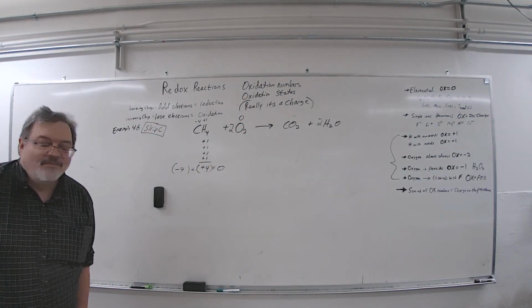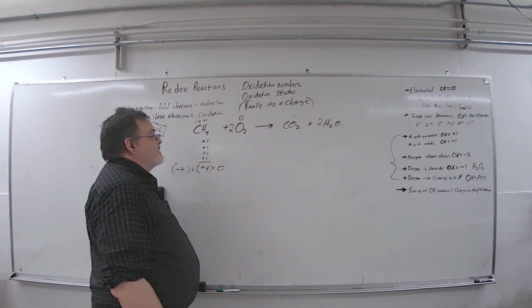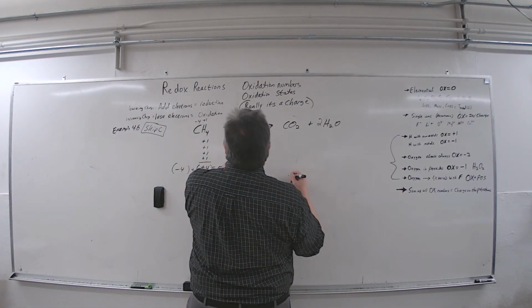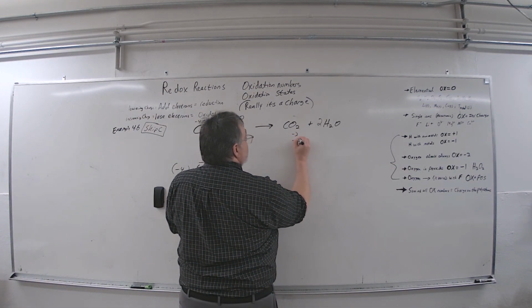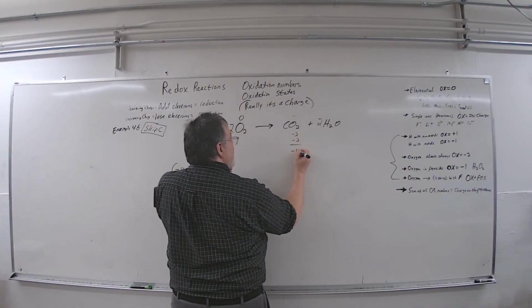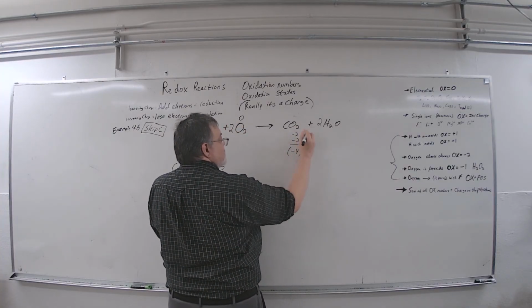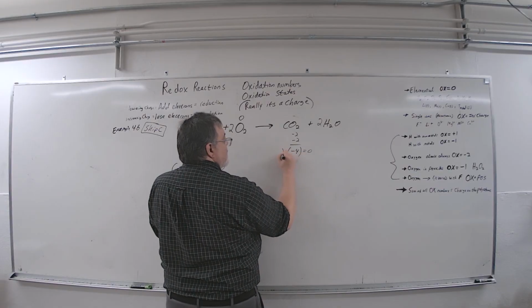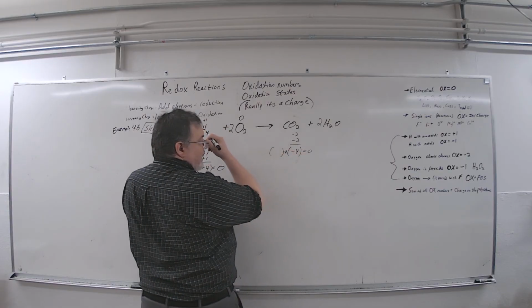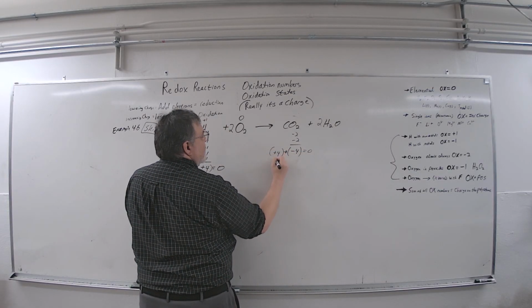Because it's elementary. That's not the first time I forgot that in front of a class. -2, -2, -4 for the oxygen, no charge. So this has to be +4.